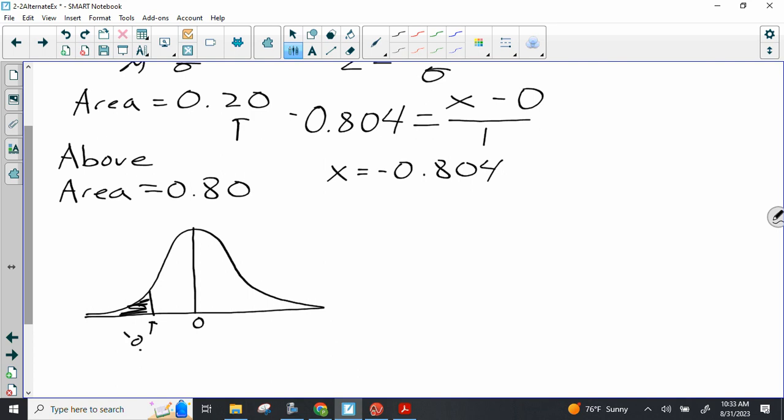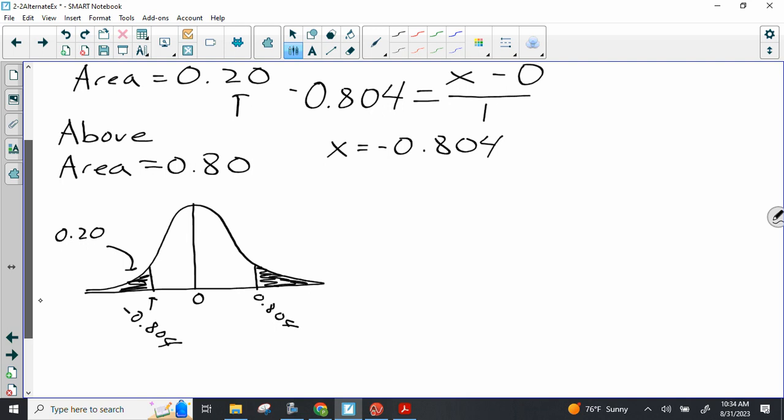That gives me an area of 0.20. Well, if that's true, then equidistantly from my mean, I have positive 0.804, right? And that's the same area. Yeah? So if you found one, you found the other. Because that is going to be 20% above.